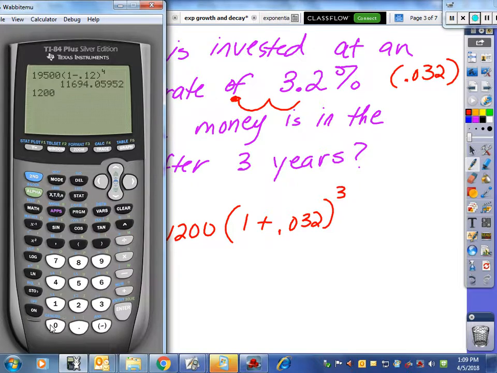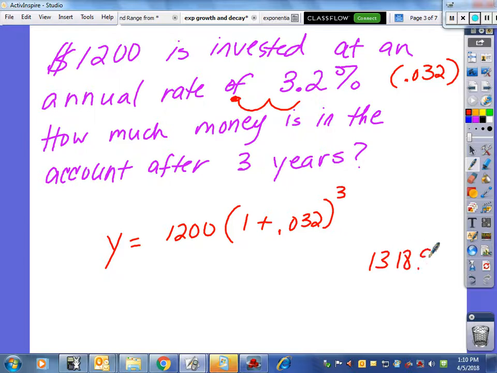That gives 1318.93-ish. 92 or 93 cents, it's either one.